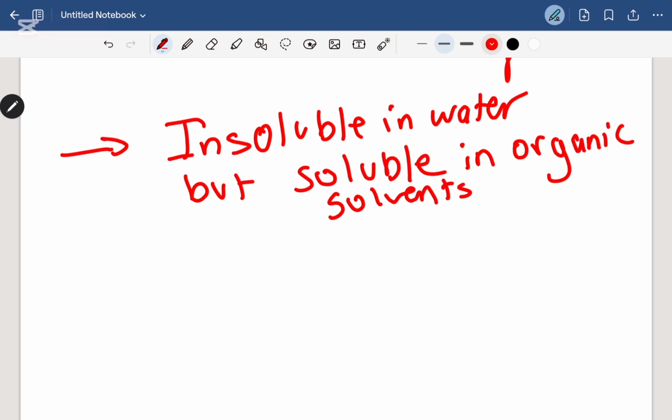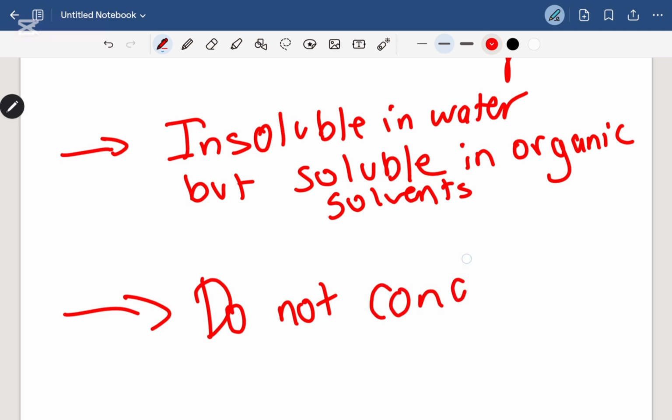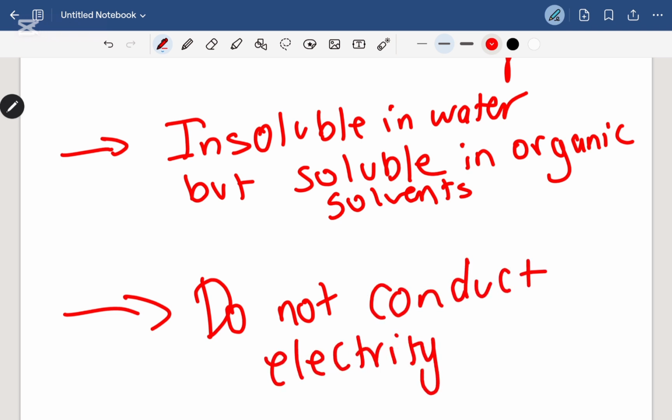Okay, and also the covalent crystals do not conduct electricity. And again, I did some spelling mistakes. Electricity. Now, why do they not conduct electricity?